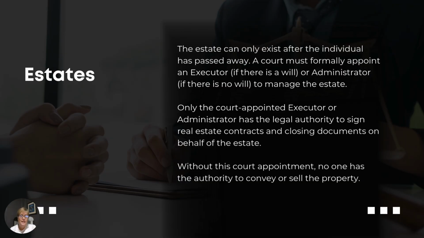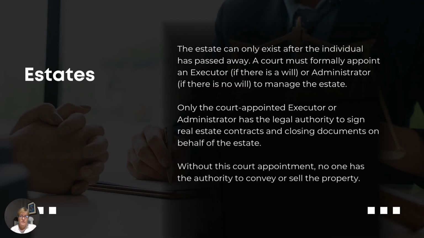The estate only exists after an individual has passed away, and the court formally appoints an executor if there's a will, or an administrator if there's not a will, to manage the estate. Only the court-appointed executor or administrator has the authority to sign real estate contracts on behalf of the estate, and without the court appointment, no one has authority to convey or sell the property.